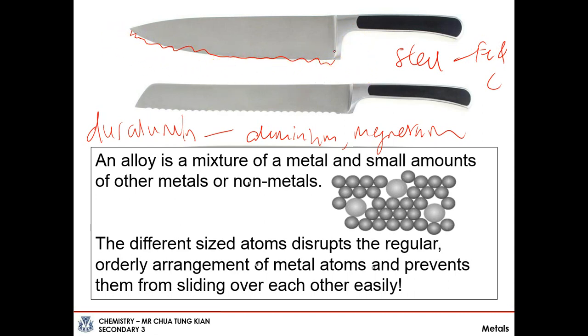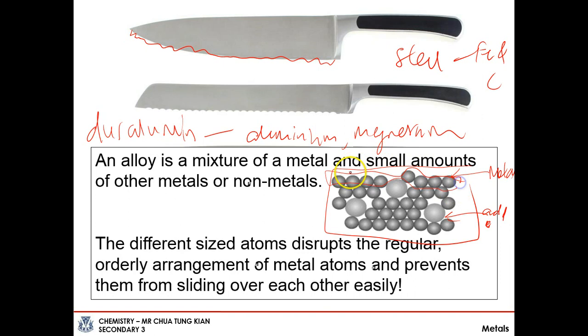So why are alloys much stronger than the original metal? Because if you take a look at this diagram over here, you will see that the structure of the metal, this is the metal, and this is the added substance. So notice that the metal structure is disrupted. So in order for a metal to deform, the layer must slide.